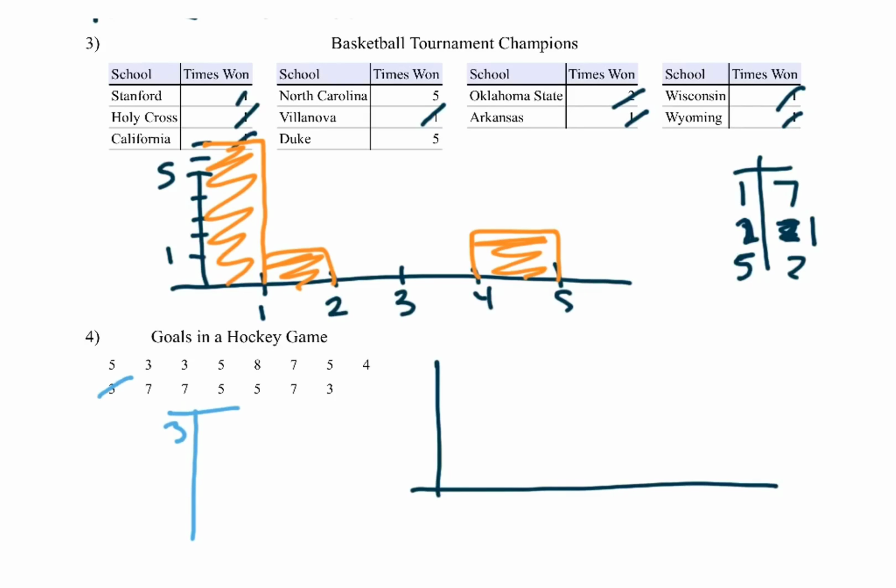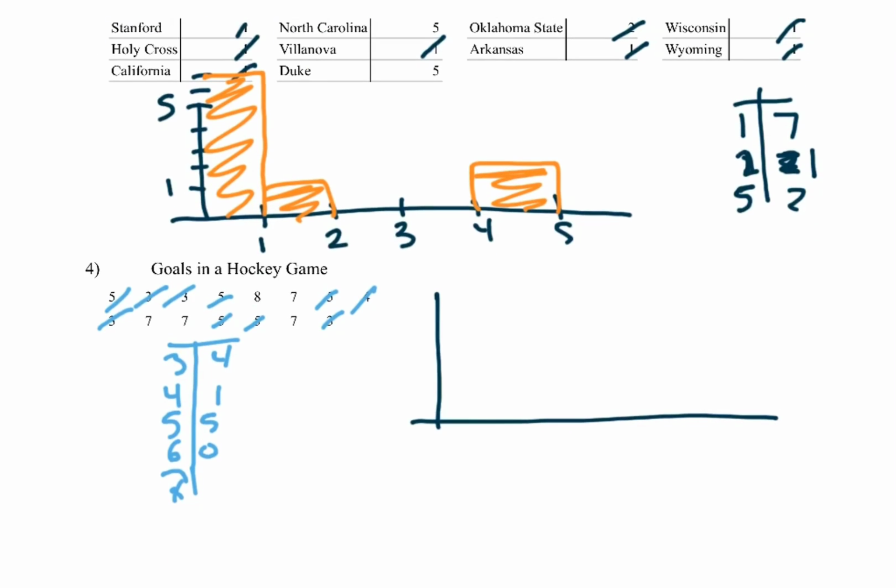We've got 3, so 4 of those. 1, 4. 5 5s. No 6s. 7 and 8, right? Let's do that a little better.